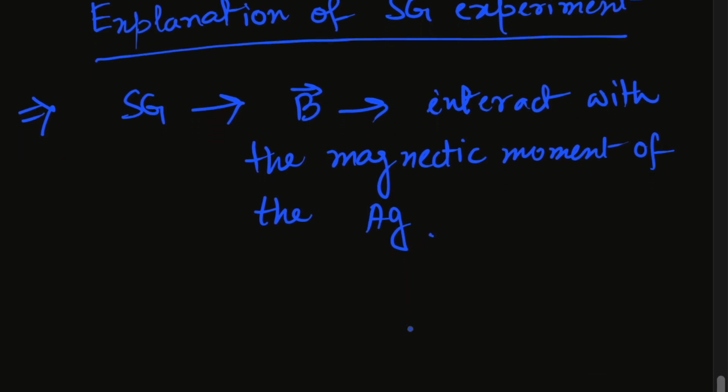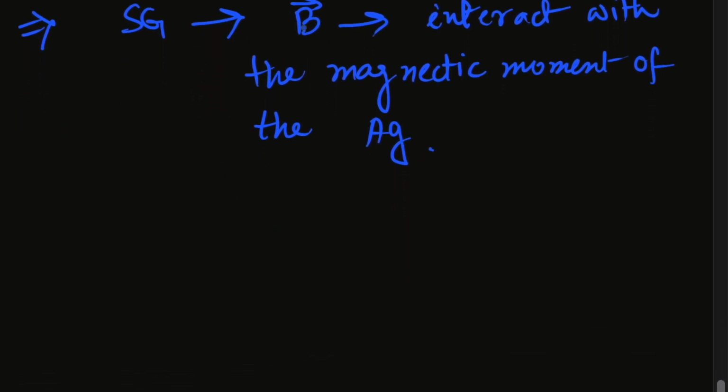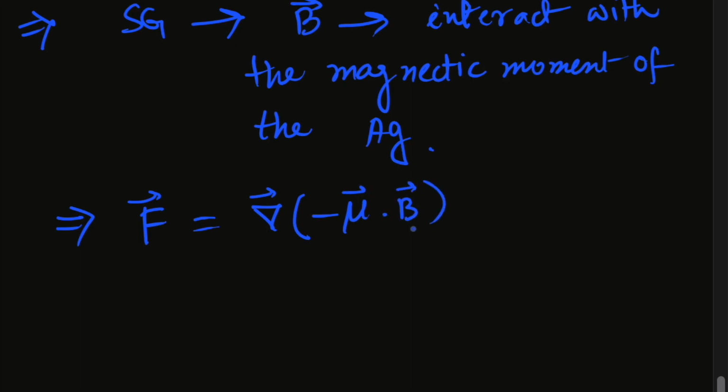How does it interact? It will exert some force on the atom. As we know, the expression of the force will be F equal to the gradient of minus mu dot B. This is the interaction energy.